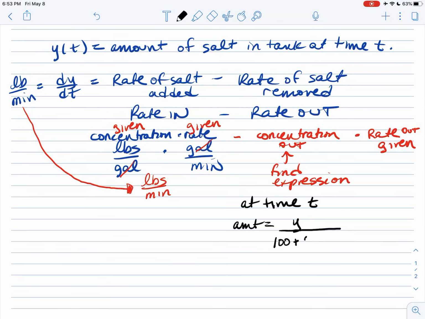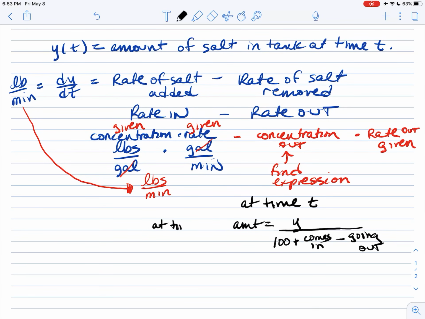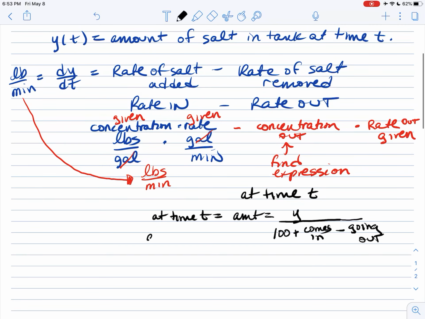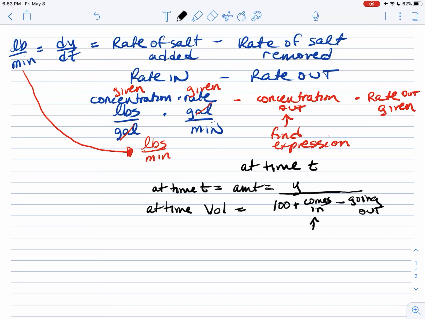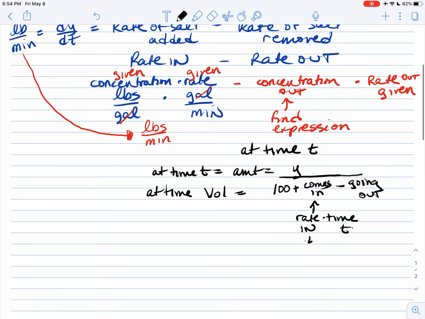But we also want to add what's coming in and take out what's going out, because that will tell us how much volume we have at time t. So it's the amount at time t, and at time t, the volume, right? And how do we have that come in? We know that that's going to be rate times time, so it would be the rate in and our time would be t. So we would have something like 4 times t coming in, if it was coming in at 4 gallons per minute.